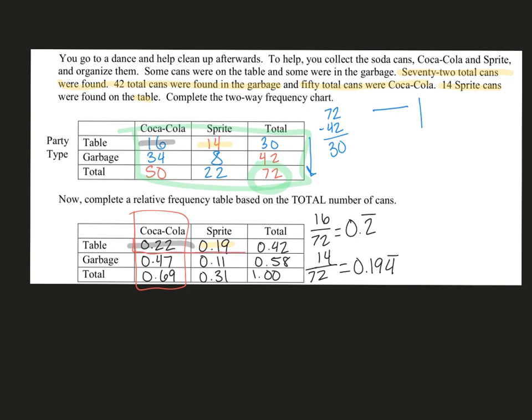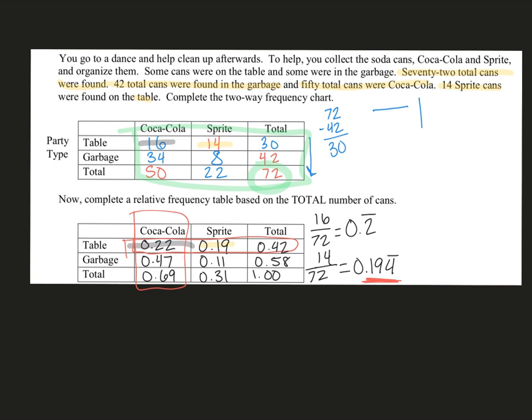Same thing works for every row. So 0.22 and 0.19 should add up to 0.42. If you notice, it's 1/100th off, and that is because we had to round. So when you round, it can get a little bit off, but it shouldn't be more than what you rounded to. So just check that out.